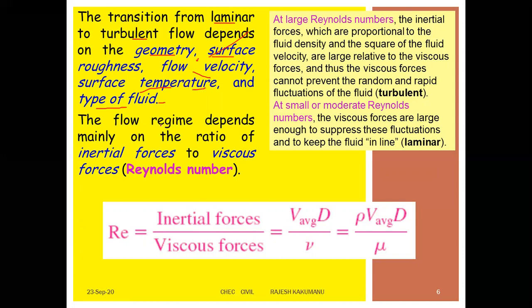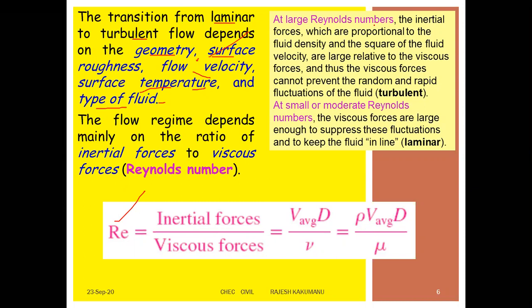Next, the flow regime depends mainly on the ratio of inertia forces to viscous forces. Therefore, the Reynolds number Re is equal to inertial force by viscous force, that is equal to V average D by V, which equals rho into V average D by mu.